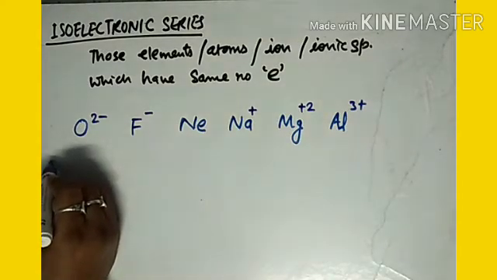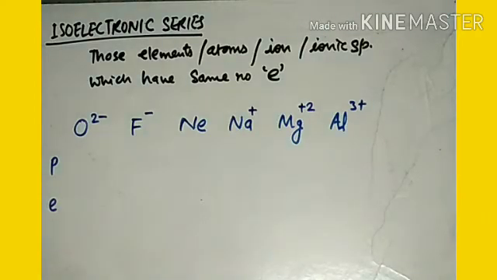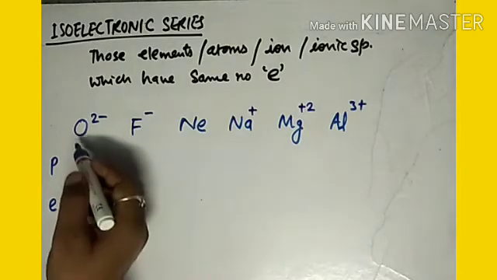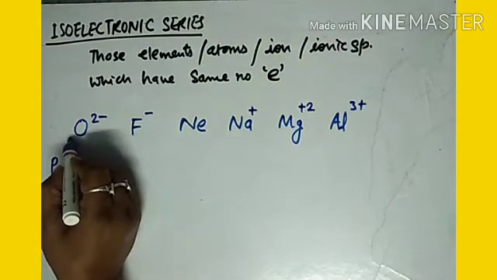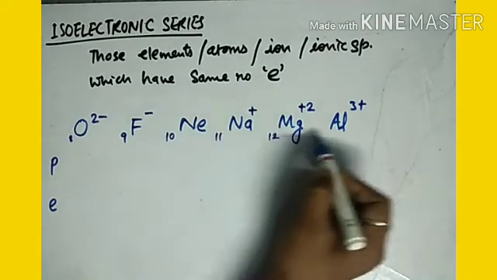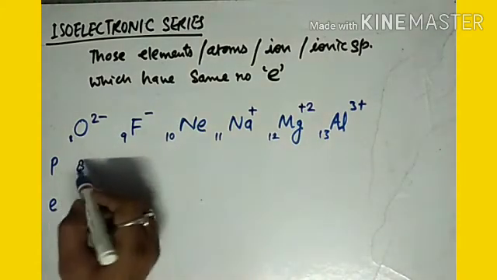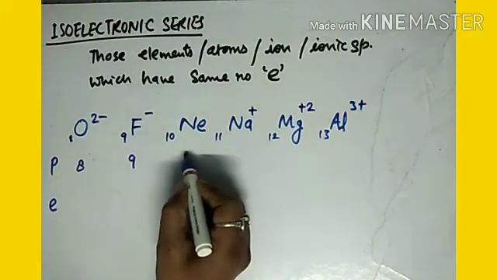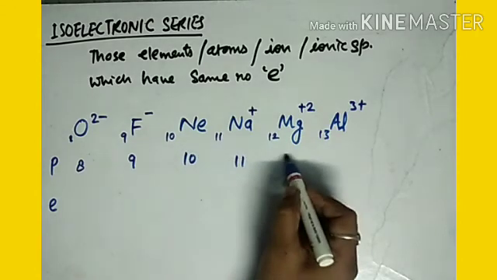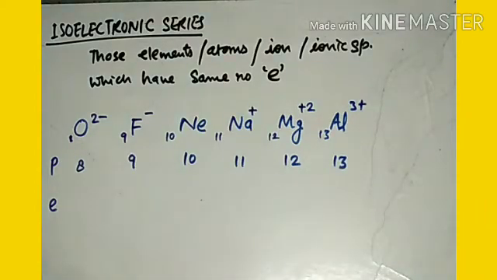Here, first of all the number of protons, and then we go for the number of electrons. The number of protons, you know, is 8, 9, 10, 11, 12, and 13, right? So proton numbers are 8, 9, 10, 11, 12, and 13. So the proton numbers are mentioned here. Now let's see the electron numbers.